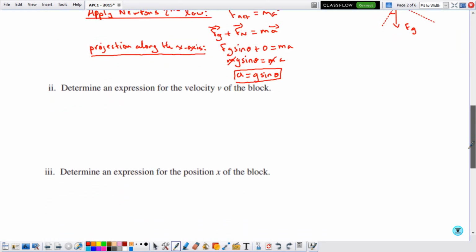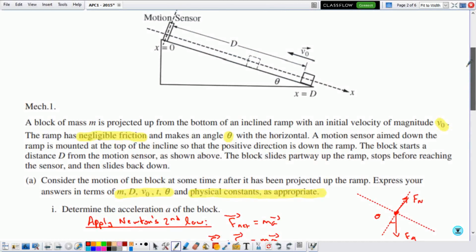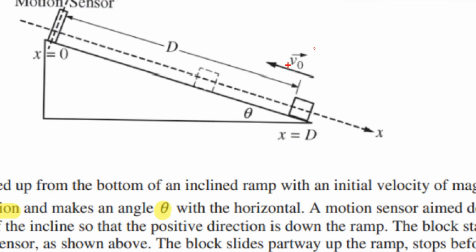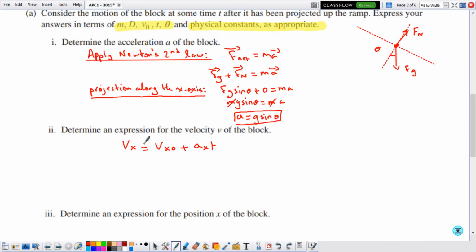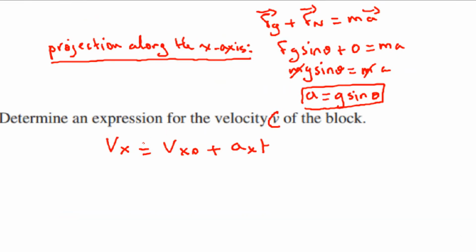Now they're telling you to determine in idea 2 an expression for the velocity v of the block. The final velocity of the block is given by vx0 plus ax t, knowing that the block initially has a velocity v0, and notice that velocity v0 is pointing in the negative direction. So they're telling us the expression of v, then let's use the same notation.